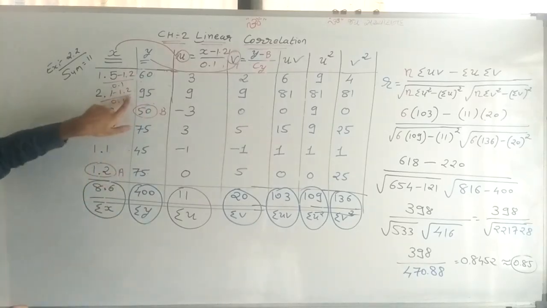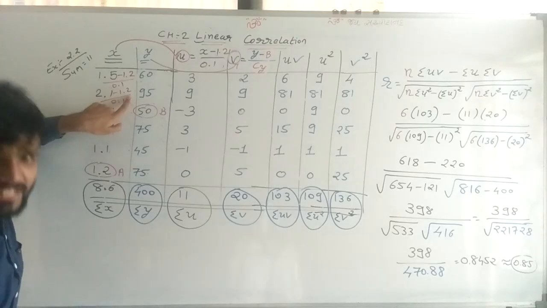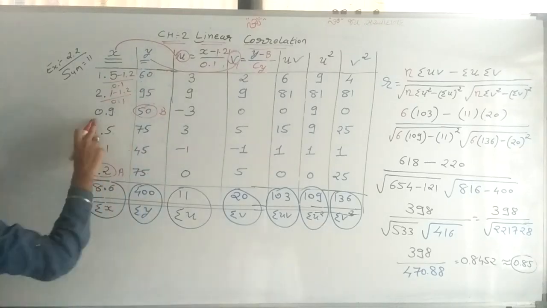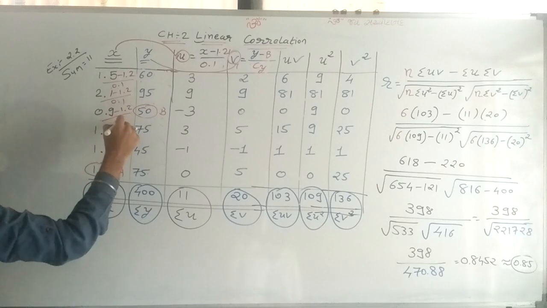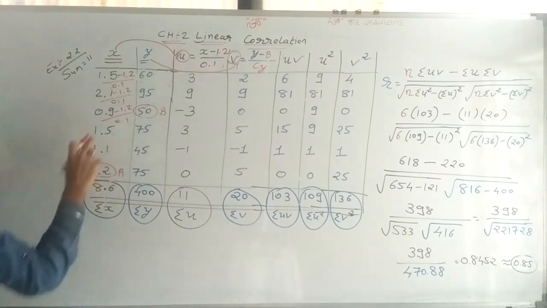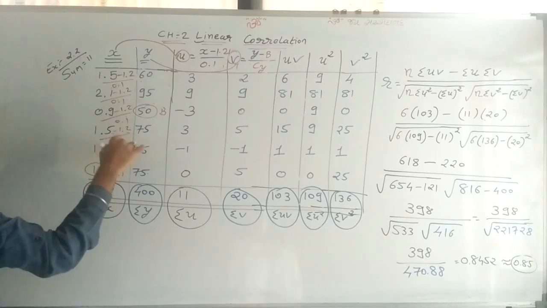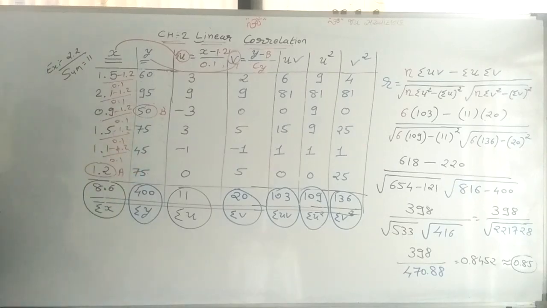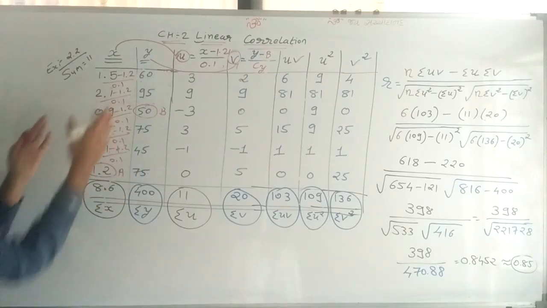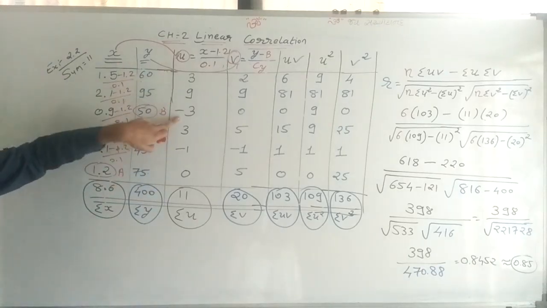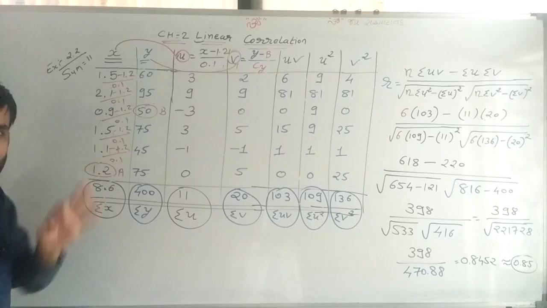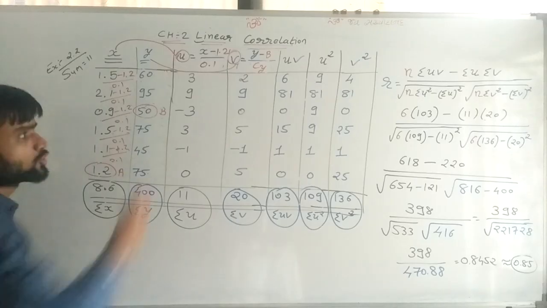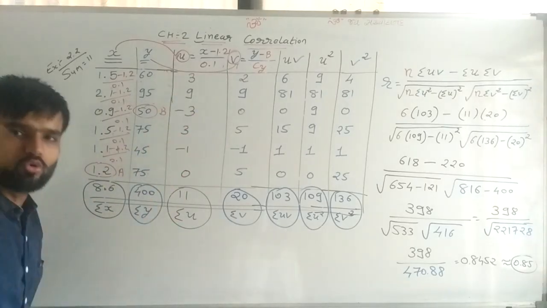So 2.1 minus 1.2, answer is 0.9. 0.9 divided by 0.1, answer is 9. 0.9 minus 1.2 divided by 0.1. In this way we are finding all the values and getting 3, 9, minus 3, 3, minus 1 and 0. And those are the values of u. So total of this, sigma u, is equal to 11.